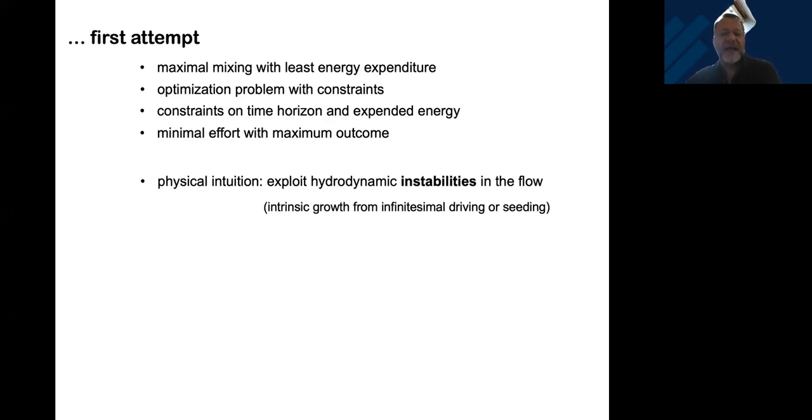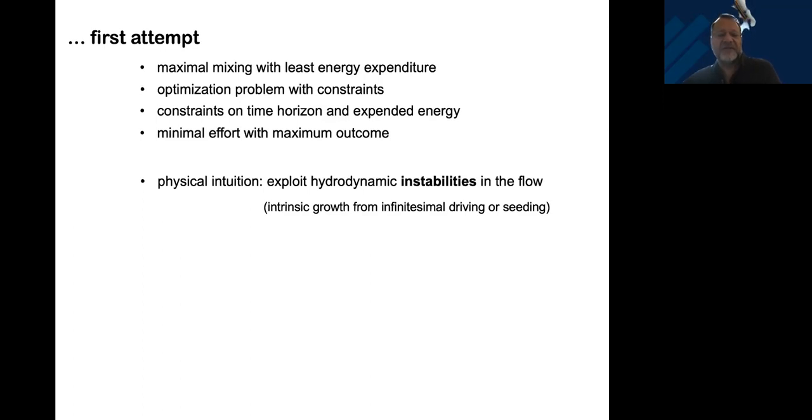Now, there's a physical intuition that has been around for a long time. Whenever you say minimal effort with maximum outcome, you immediately think about an instability. If you have a hydrodynamic system that has an exponential linear instability, then this would qualify as minimum effort for maximum outcome.